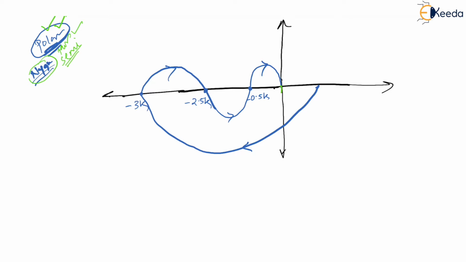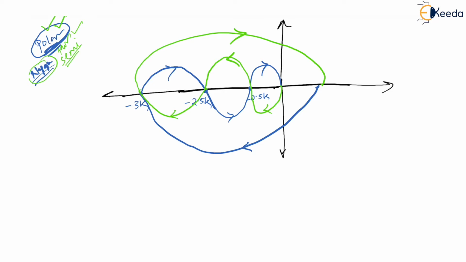Mirror image of this one is going to be, let us say, like this. It goes, then again it goes like this. Mirror image about the real axis, it goes like this, and then at the end it just completes its path like this. This is the way it goes. Is that right? Yes. Now what will I do? I will tell you.